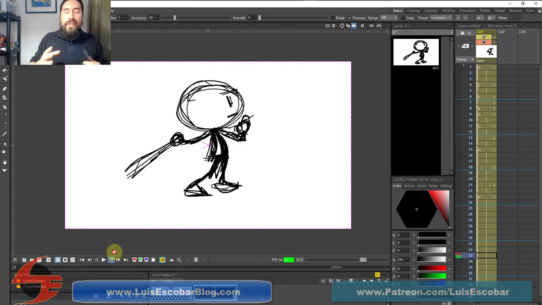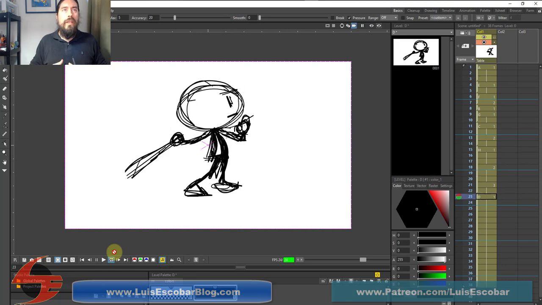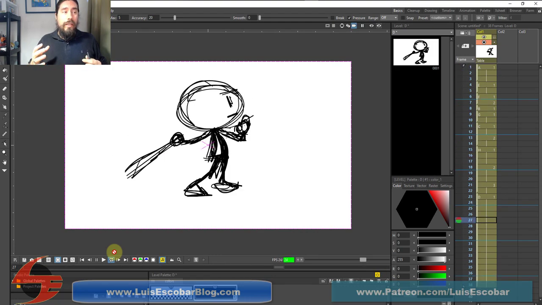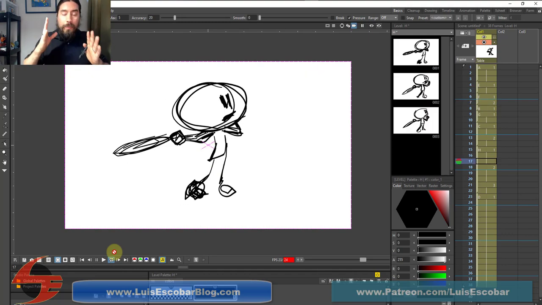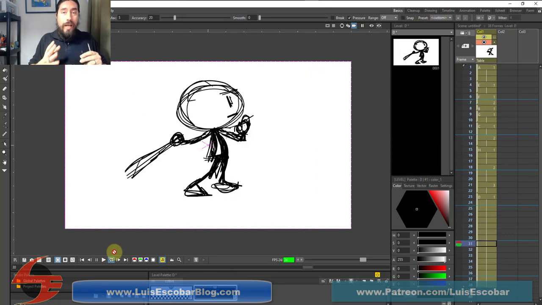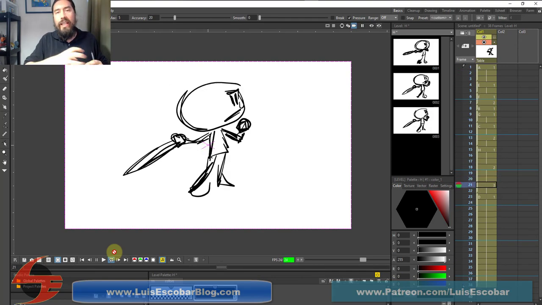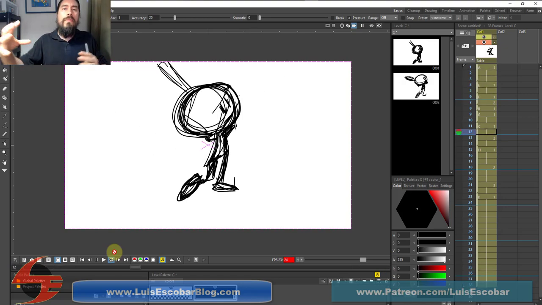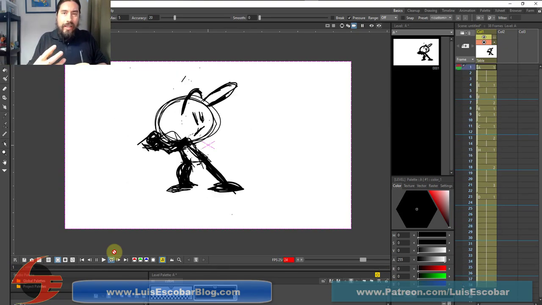So that's the technique that I would use in order to break down live action reference into animation. You look for the first part of the process: the storytelling poses, anything that defines the action in the least amount of poses that you can, the roadmap of the action, the layout or the mapping of the action.